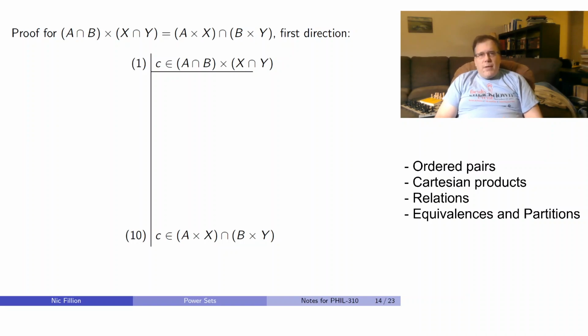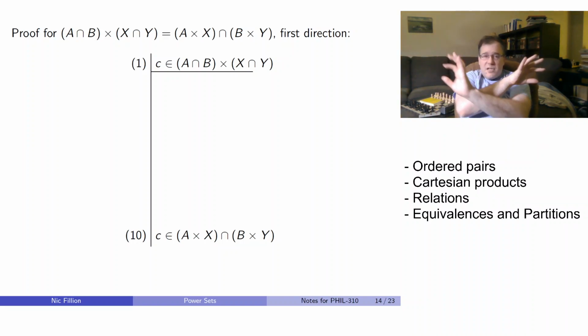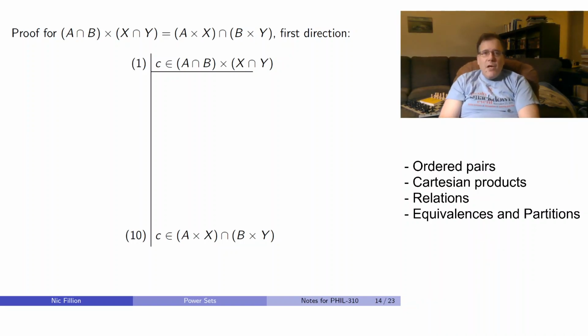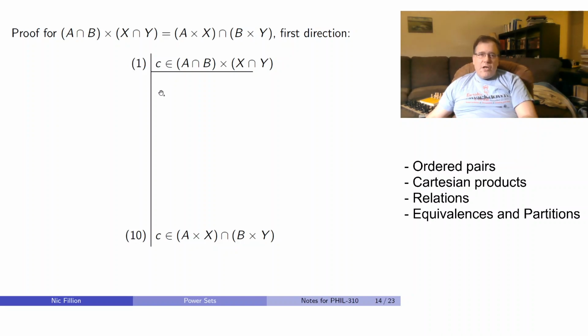Since we're trying to show that two sets are equal, the first idea is to show that the left-hand side is a subset of the right-hand side and vice versa, which would require you to do a Fitch diagram taking an arbitrary object C, which is in the left-hand side, and trying to show that it's in the right-hand side as a result. That would be for the first direction, right?